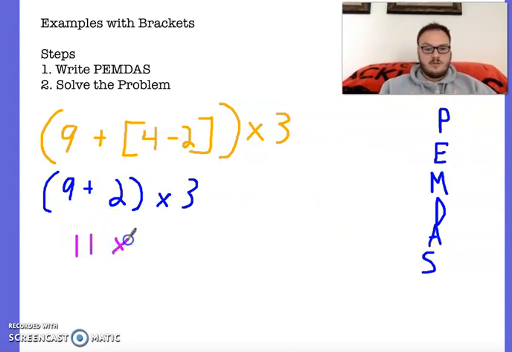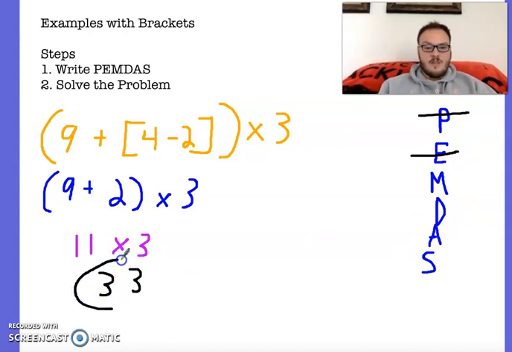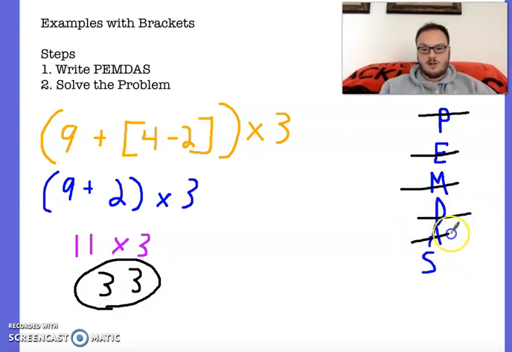And bring down my times 3. Cool. Done with parentheses. There are no exponents. Now I just see multiplication and division. So I'm going to do 11 times 3, which we know for our multiplication facts, is 33. And because there's no addition and subtraction, we have simplified.